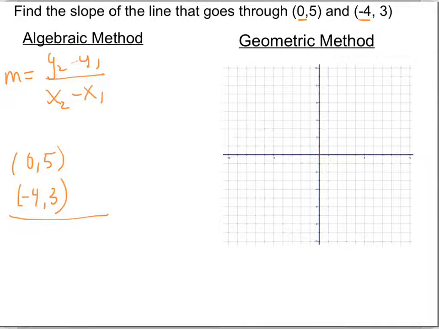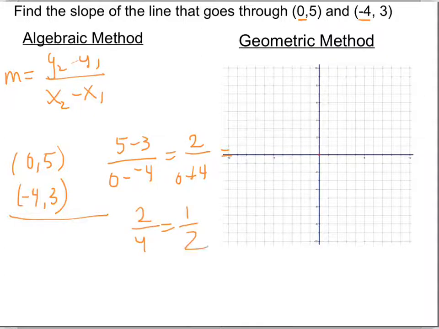Then I do 5 minus 3 over 0 minus -4, so 5 minus 3 is 2, and 0 minus -4 is 0 plus 4, if you use keep change, so that's 2 over 4, or 1/2. Okay, so the slope would be equal to 1/2 in this situation.